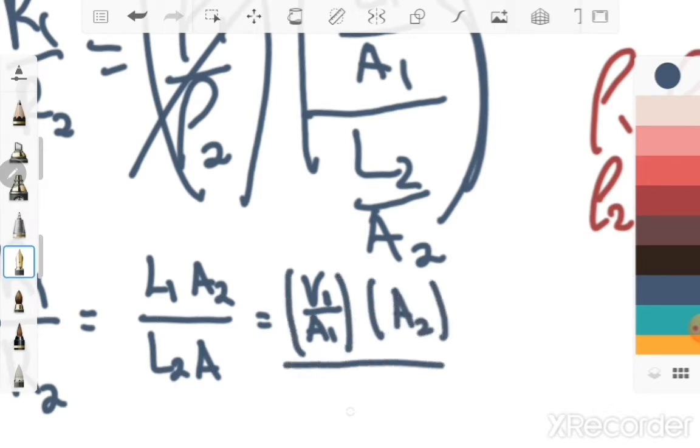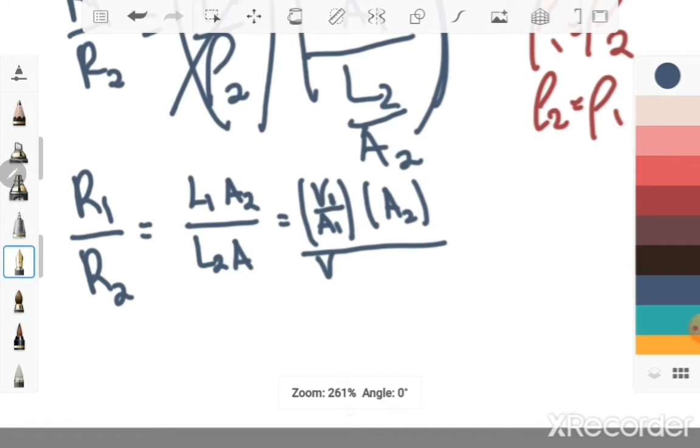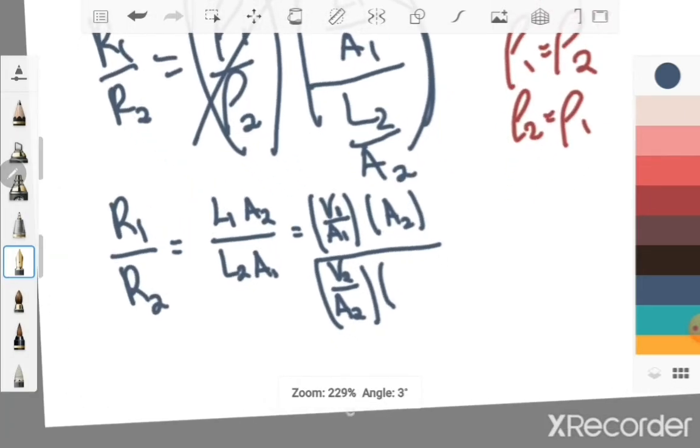And also we have our V2. Our L2 is equal to V2 over A2 multiplied by A1. Right? A1.